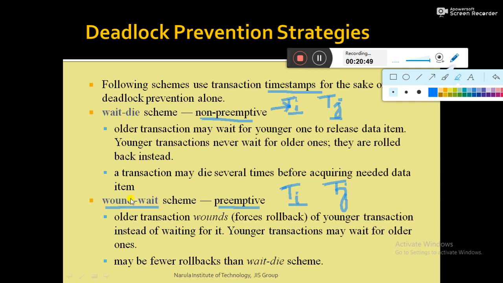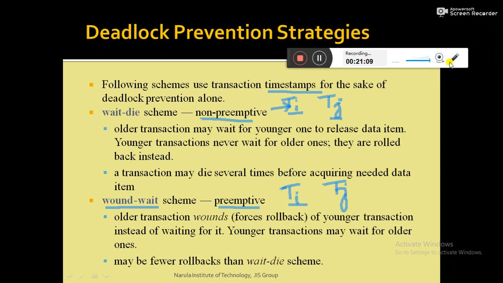Now in the wound-wait scheme, what happens? The older transaction wounds, means forces the rollback of the younger transaction instead of waiting. The younger transaction may wait for the older one. What does it mean?